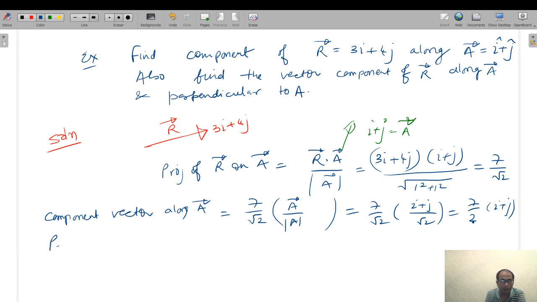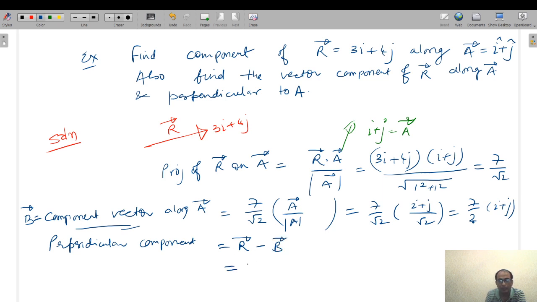And the perpendicular component will be R vector minus this component vector. So let me call it B. So R vector minus B vector.